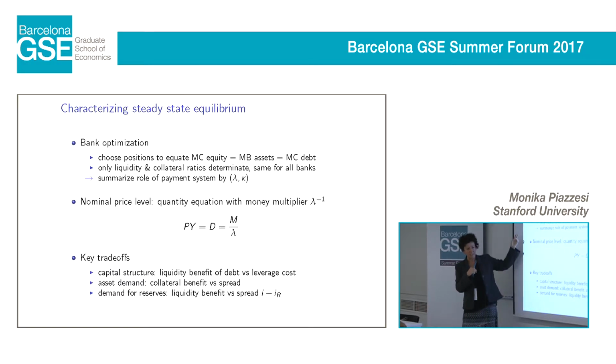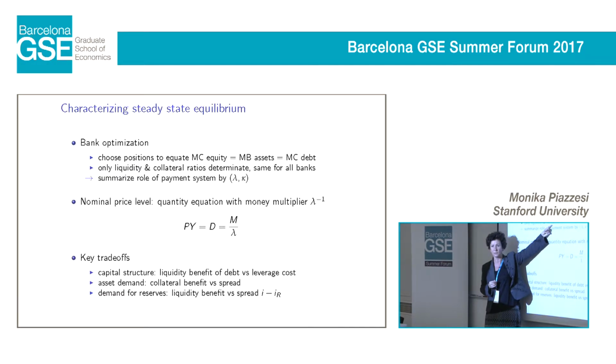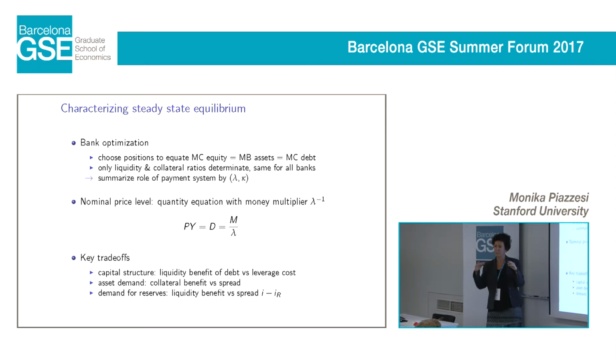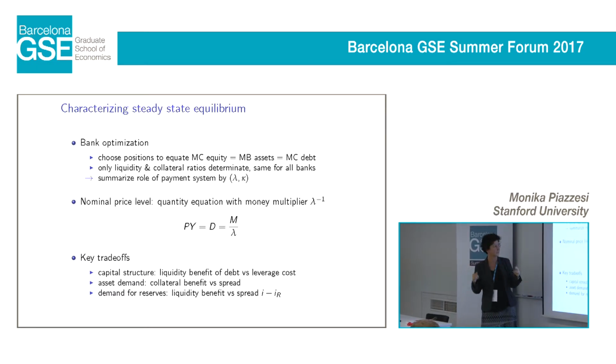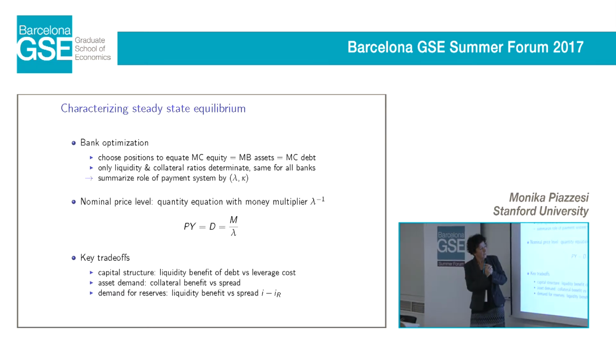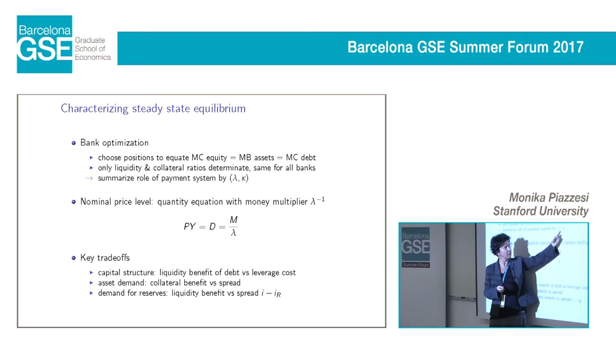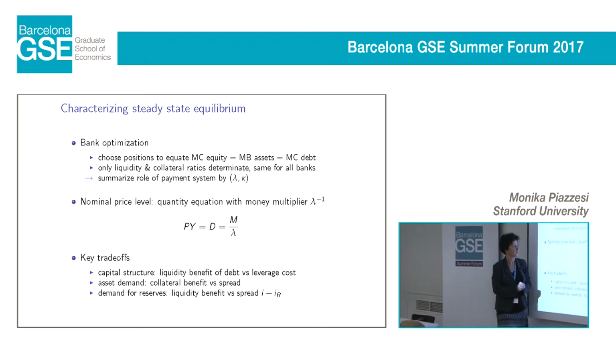Because of the linearity in the setup and because we don't have adjustment costs for equity, only two things are determinate: the liquidity ratio, reserves over deposits, and the collateral ratio, assets over debt. All banks will choose the same two ratios in steady state. So we can summarize the role of the payment system, of this banking system, by these two variables, lambda, the liquidity ratio, and the collateral ratio.